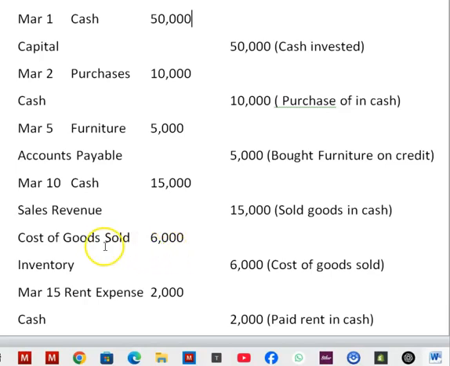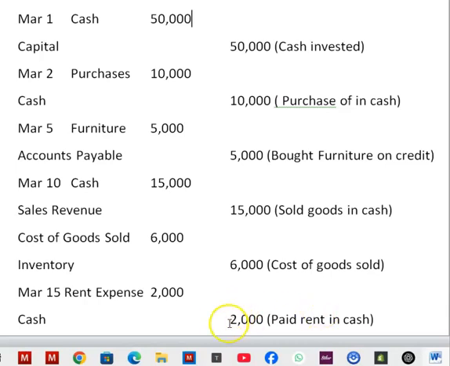So in this case, 6,000 naira is to be debited to cost of sales or cost of goods sold, and then inventory, because when you sell goods, inventory is going out. The cost of sales is debited as an expense, the cost of what was sold has to be debited, and then the inventory that is reducing has to be credited.